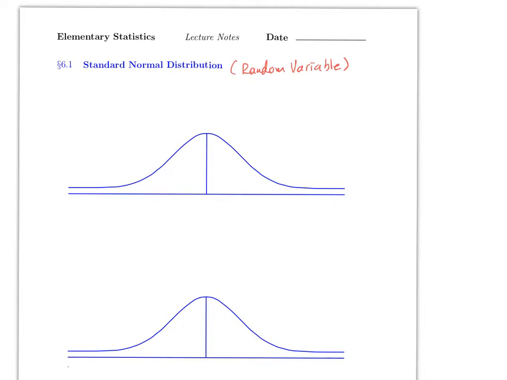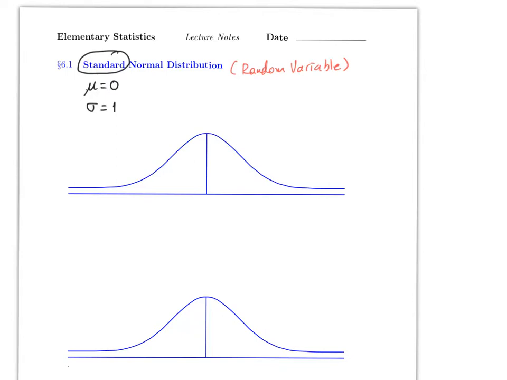Since this is a random variable, remember that means you need to have a mean and you also need to have a standard deviation.